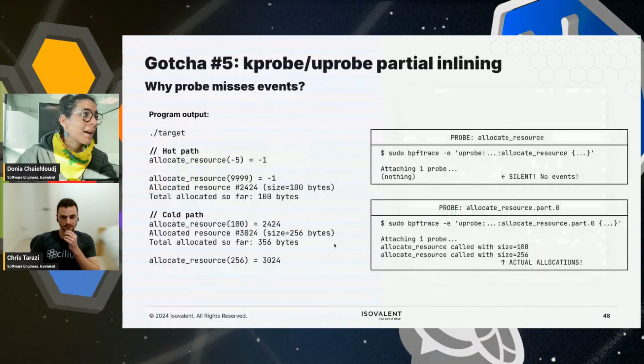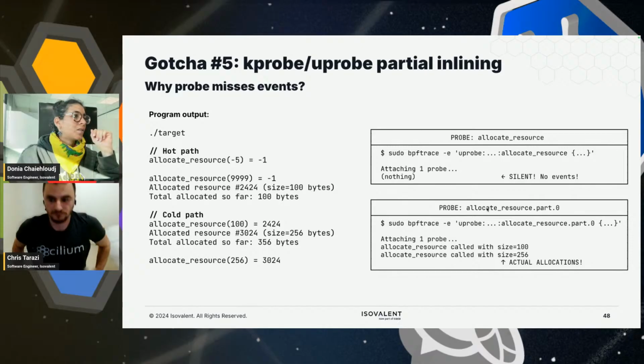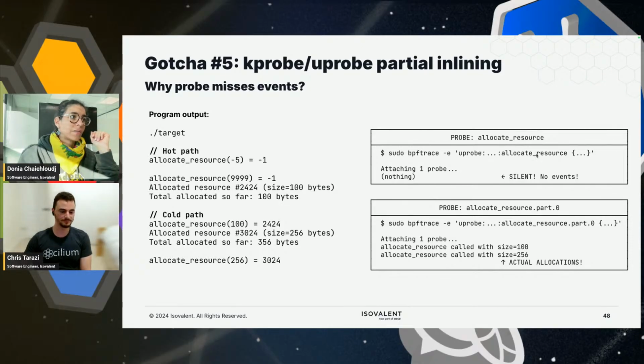So we've seen that we miss some events if we don't probe all the different parts and only the main one when we are using optimization, which is often the case. It was silent for allocate_resource, and we had the actual allocations showing when probing allocate_resource.part.0.